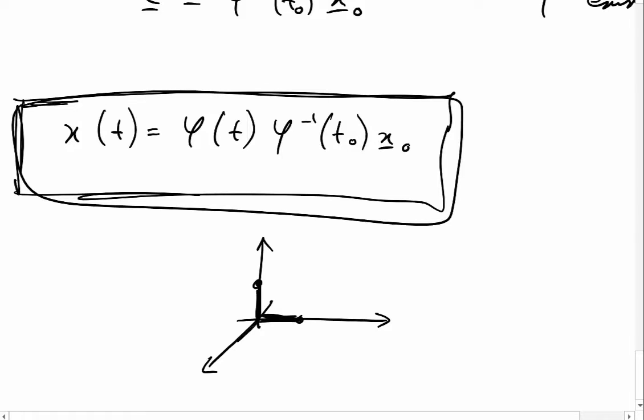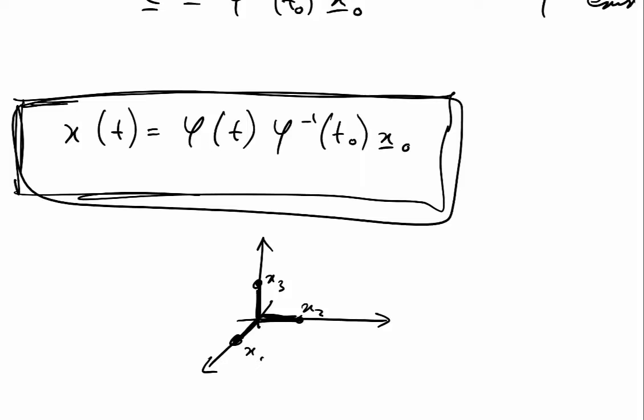This is x1, this is x2, and this is x3. So x1 lies in, say, the forward and backwards plane, x2 lies in the left and right plane, and x3 lies in the up and down plane, for example. So for some value of t naught, we will get the basis vectors out.